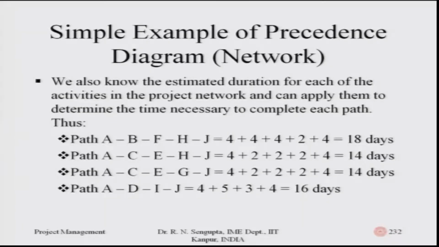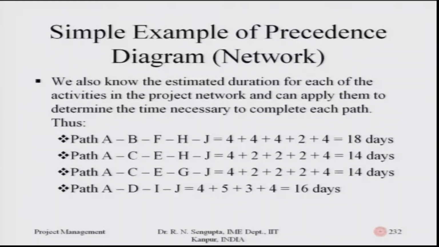We also know the estimated duration for each of the activities in the project network, and we apply them to determine the exact time necessary. For example, say the durations of the jobs are given as in these four bullet points. Path A, B, F, H, J has the durations accordingly as given. 4 is the time duration taken for completing a job.